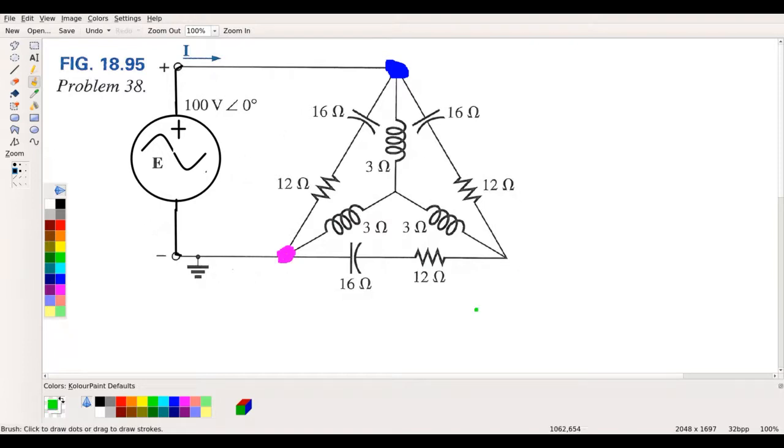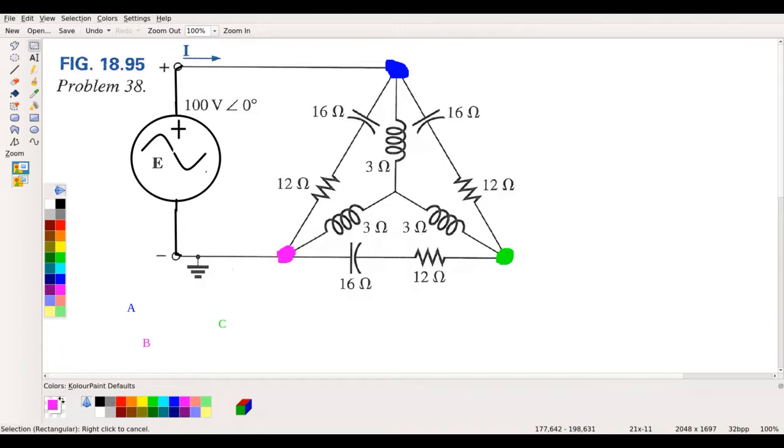I'm just choosing some different colors here. I'll call this point C, then point A, and point B.